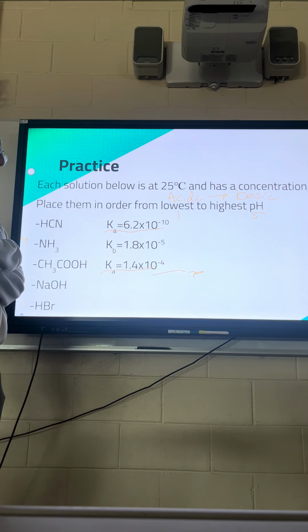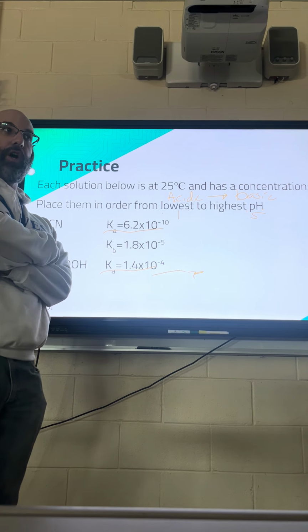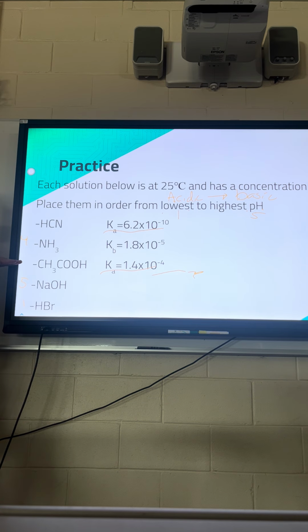It's like, who's the tallest short person? Which of the two is the biggest number, even though they're all less than 1? Is it HCN or acetic acid? So we're going to learn that in a second.